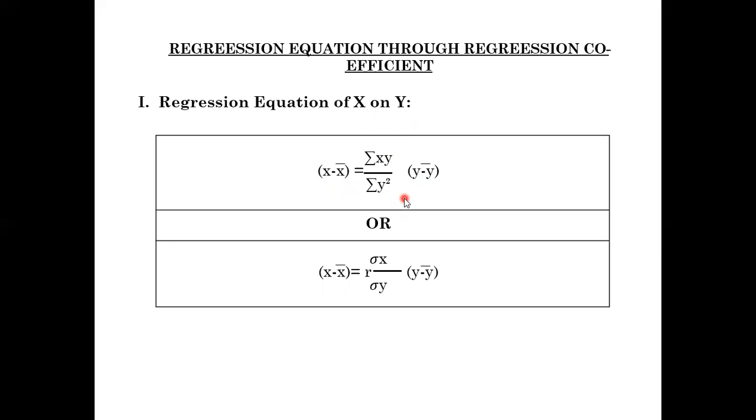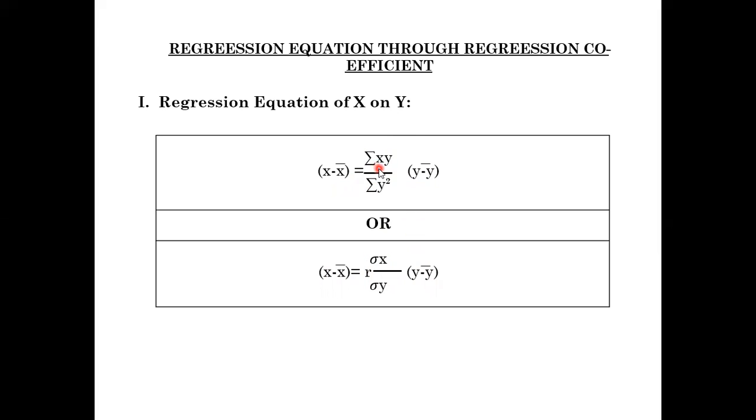If in the problem the two variables are not given, and instead they directly give the correlation, the standard deviation of x and standard deviation of y, as well as x mean and y mean, we have to use this formula: x minus x mean is equal to correlation into standard deviation x divided by standard deviation y, into y minus y mean.